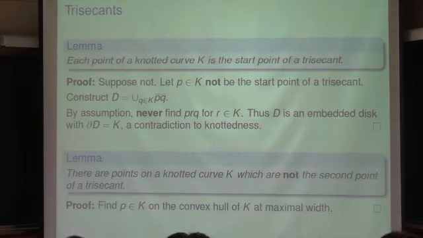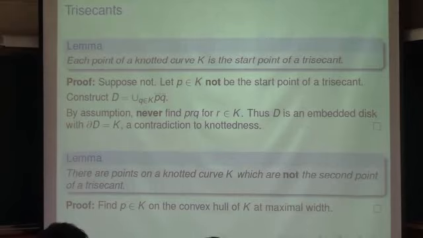And then this is just a cute result. There are points which are not the second point of a trisecant. So you just pick a point that's on the widest part of the convex hull of the knot. There's no way for this to be the second point of a trisecant because there would be a point that was further out. So it's just very straight. It's just cute. We might need this.